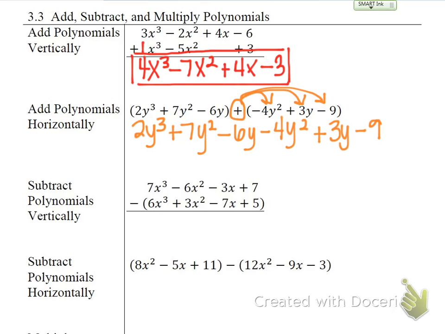Okay? And so the next step is just to combine like terms. Our first term is 2y to the third. I don't see any other y to the thirds, so we're just going to rewrite 2y to the third. Then I have a plus 7y squared and a minus 4y squared, so that's going to be plus 3y squared.